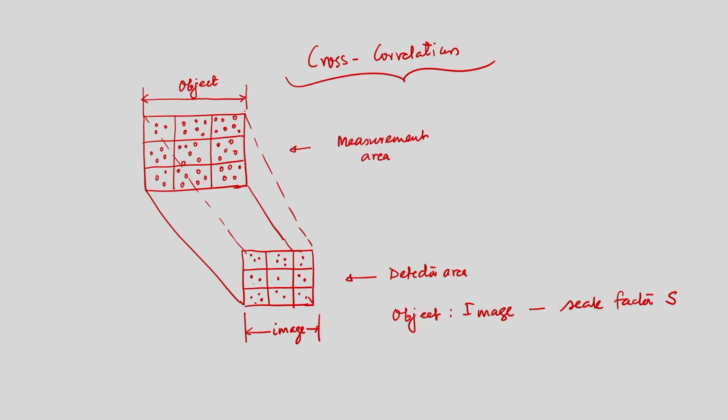Now, we have discussed that the images which we have captured are divided into rectangular windows which are known as interrogation windows. So, these small windows are the interrogation windows.